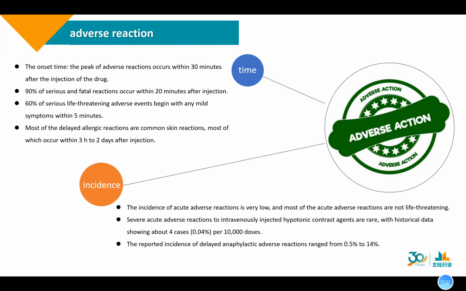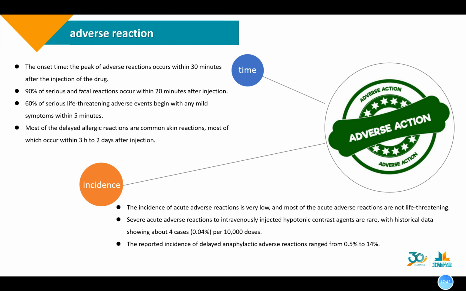The mild symptoms generally occur within 5 minutes. There may also be some delayed allergic reactions. Most of them are common skin reactions and generally occur within 3 hours to 2 days after injection.